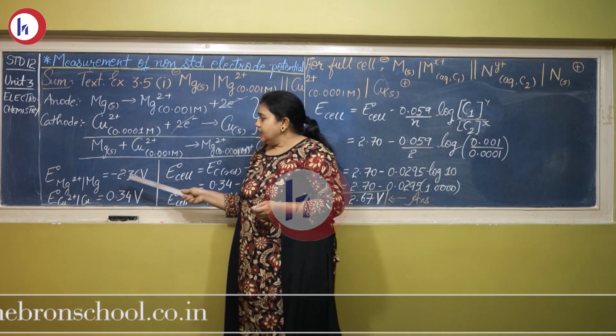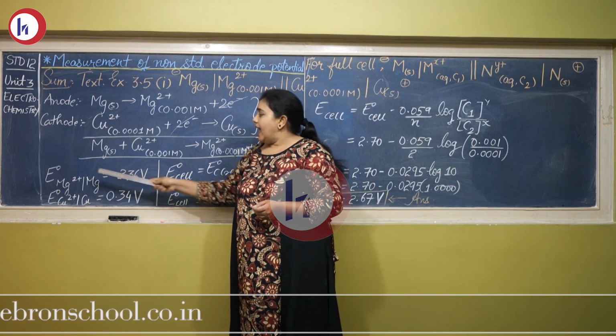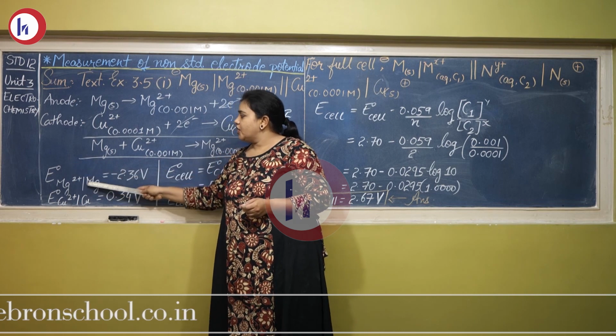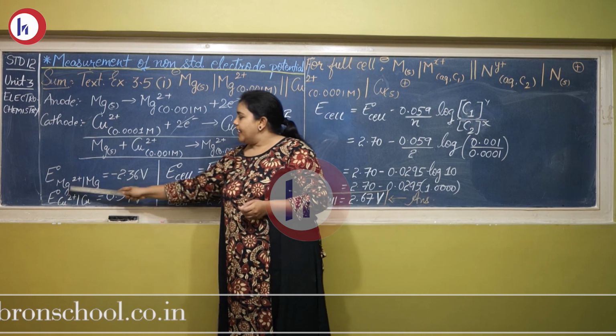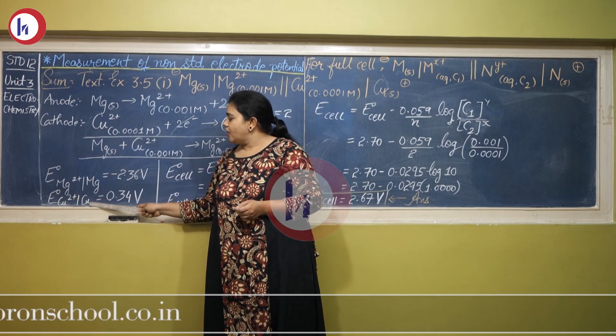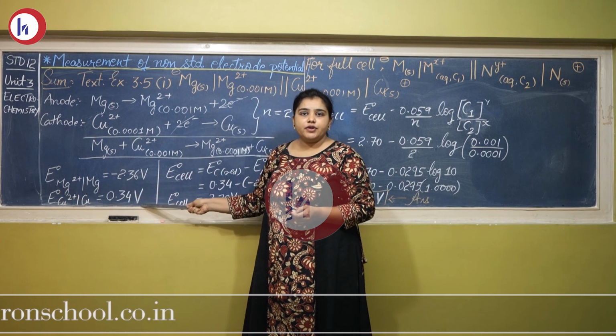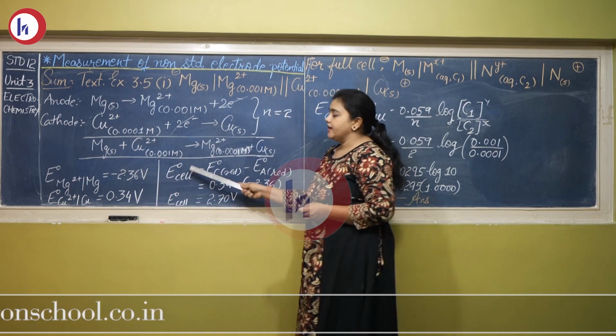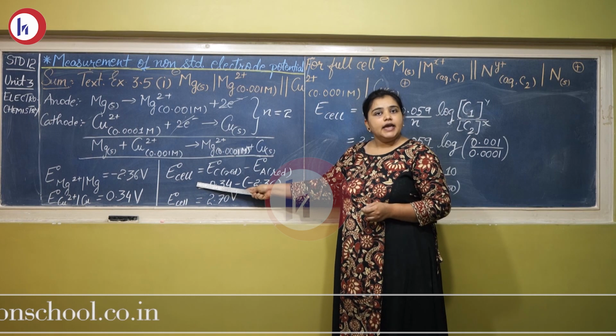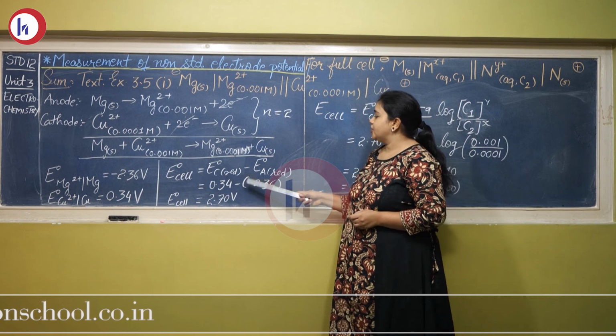Now in the sum we can see that the standard reduction potential of magnesium is minus 2.36 volts and the standard reduction potential of copper is 0.34 volts. These values can be used to calculate the standard cell potential, that is E0 cell, which we have studied in the first lecture.